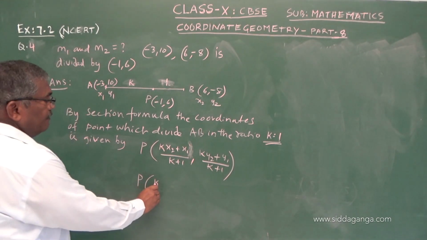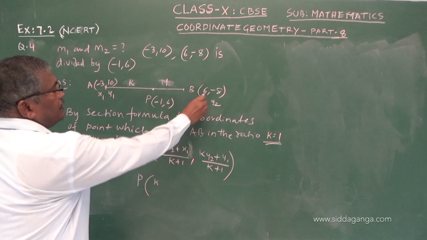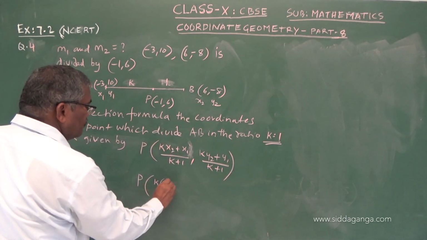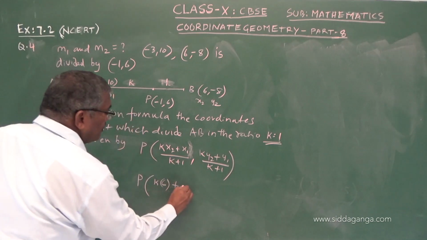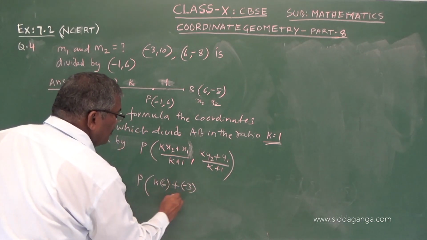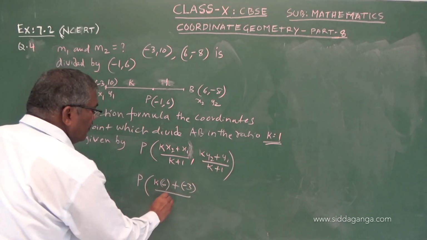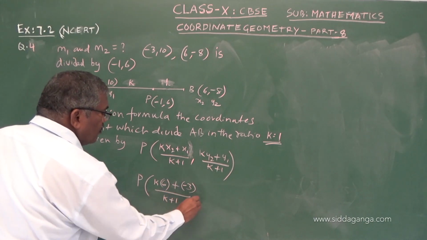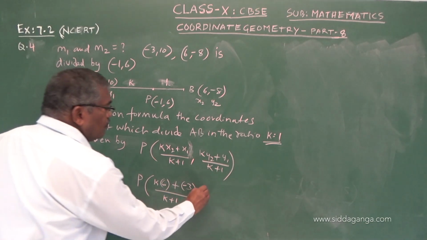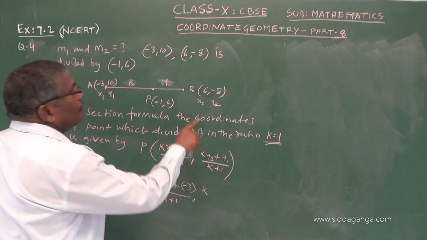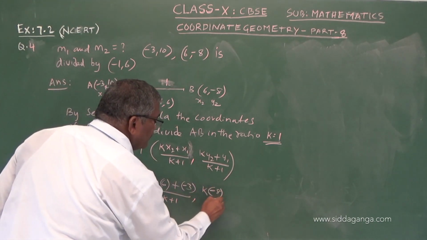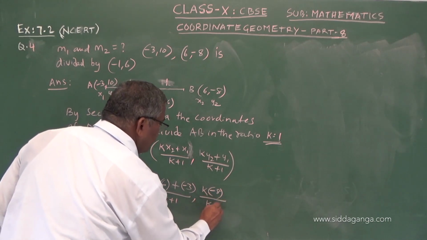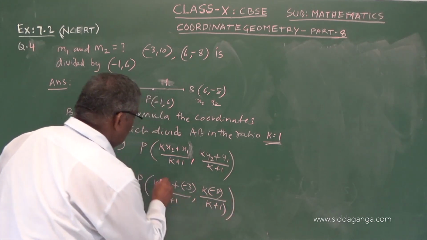This is k, x2 is 6, k into 6 plus x1 is 10, minus 3 divided by k plus 1, we do not know, I will write as is. So k y2 is minus 8 divided by k plus 1.